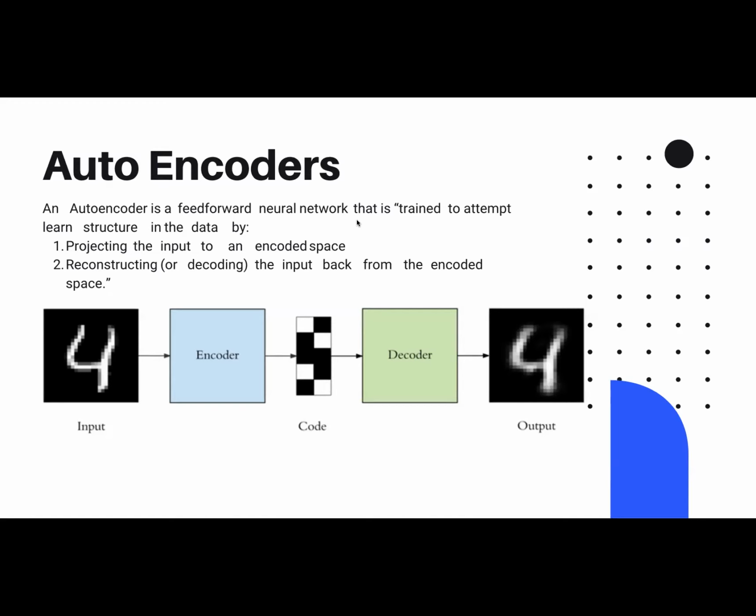It starts with the first part of the training, which is projecting the input to an encoded space. The encoded space, or the latent space, or the code, these are multiple words that you might see in research papers a lot, for example in facial recognition, diffusion models, transfer learning, or even domain adaptation.